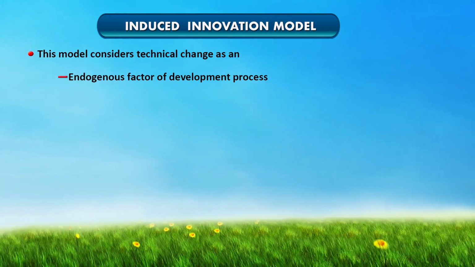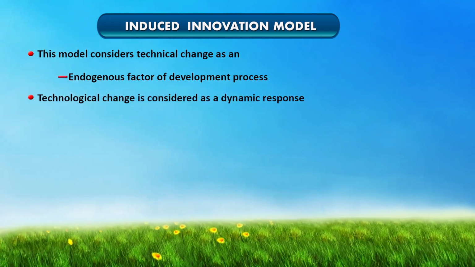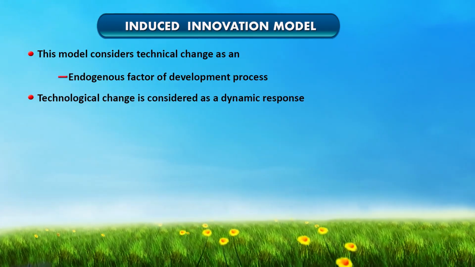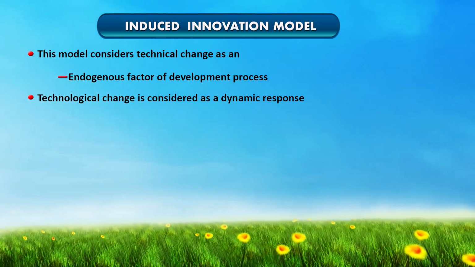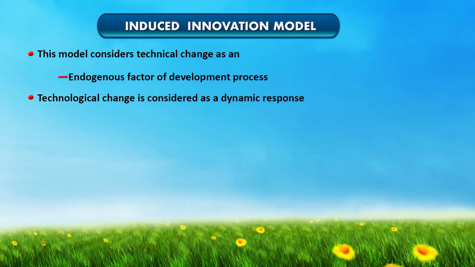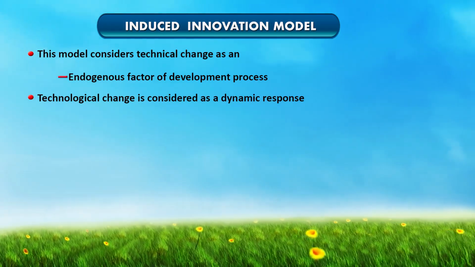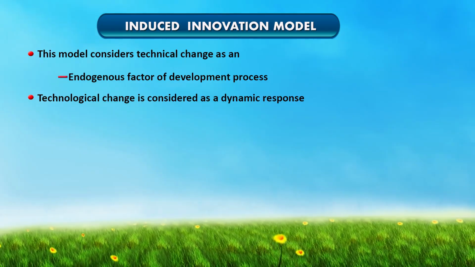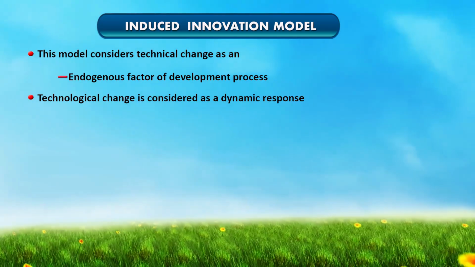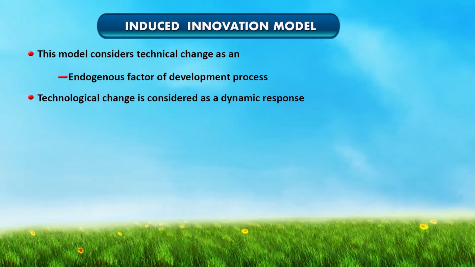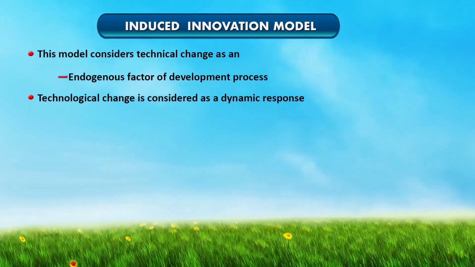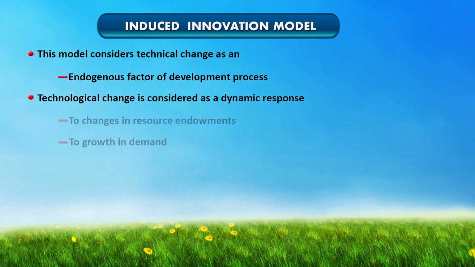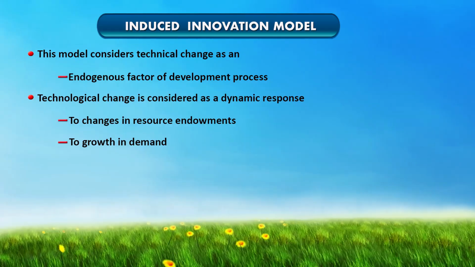Technical change comes from within the production system, because some resources are getting scarce and we need to develop new technology, and we generate the resources from the development process, and those returns are used to develop or use the new technology or new input in the development process.